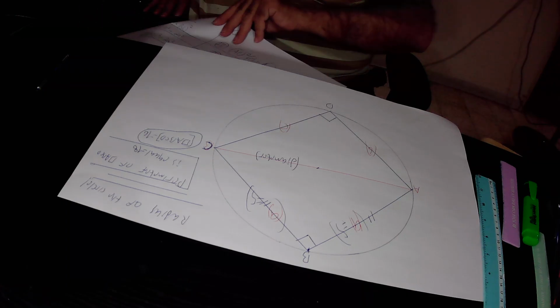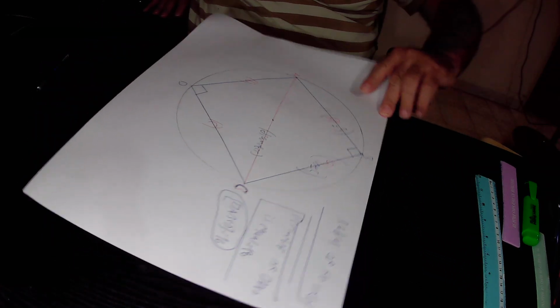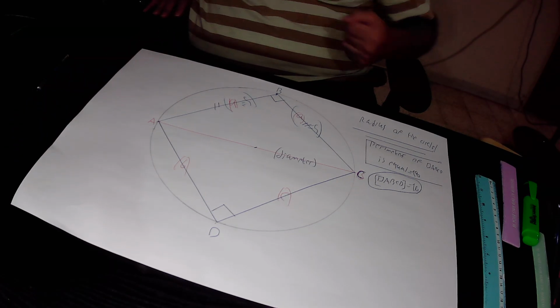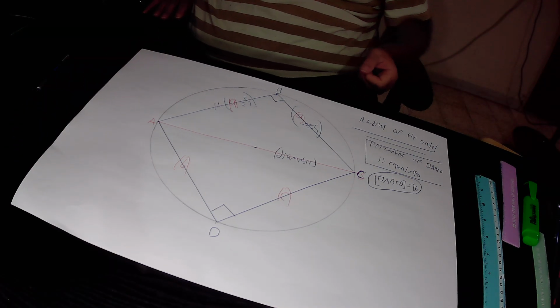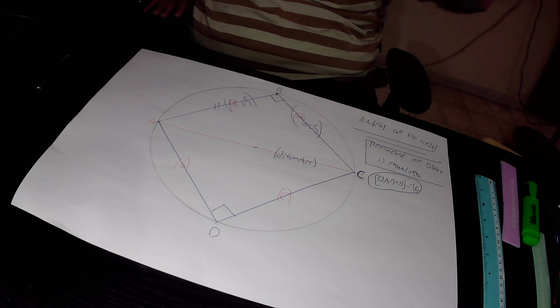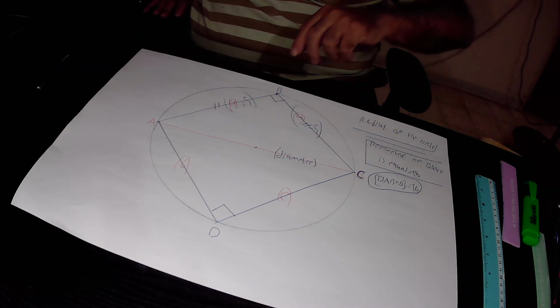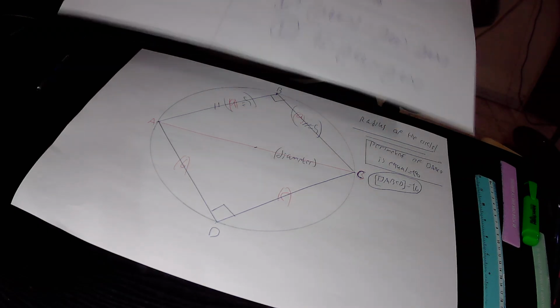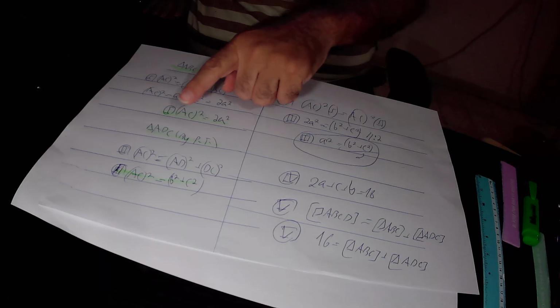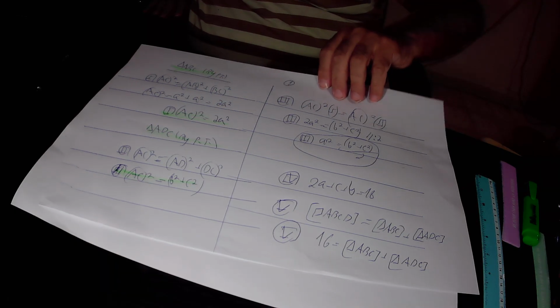In the next step, we implemented the Pythagoras theorem on this right triangle ADC. According to the Pythagoras theorem, in this right triangle ADC, AC square, that is the square of the hypotenuse, equals AD square plus DC square.